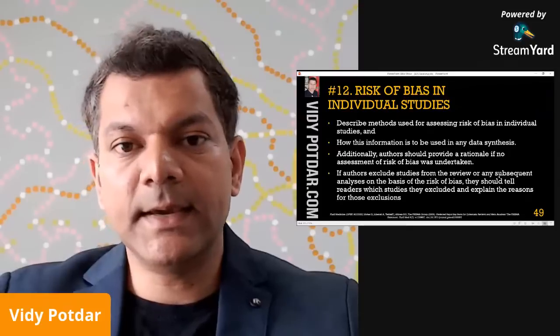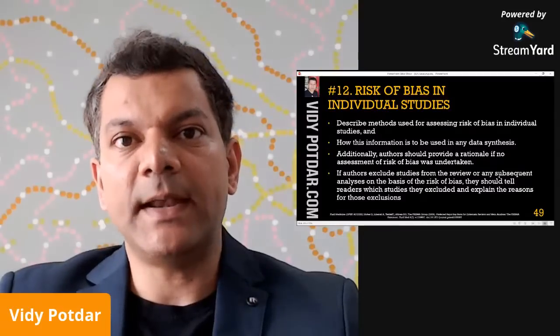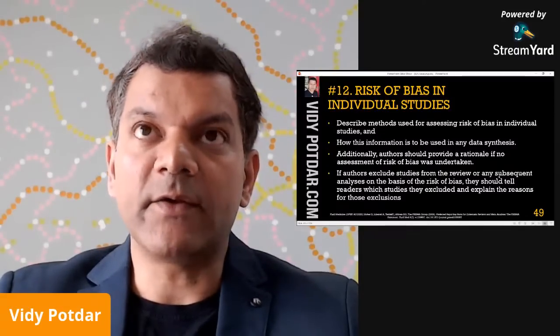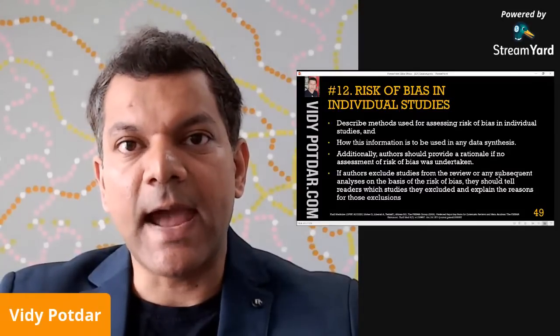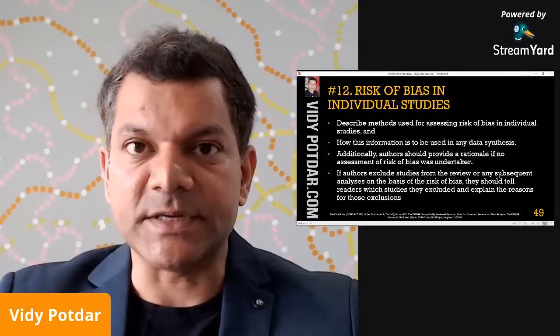So one thing here you can do: when we are doing a systematic review, what we're trying to achieve is to remove bias at each and every step of the research.